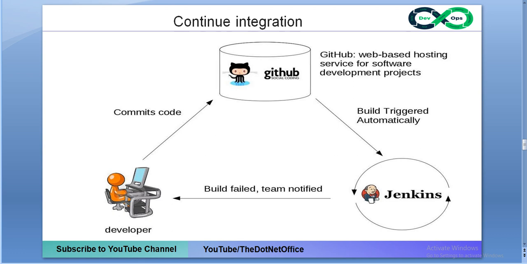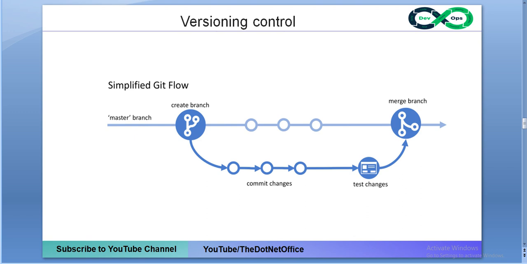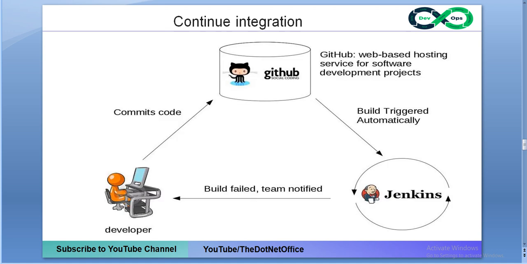It is a practice where developers commit code into one shared repository. What we have discussed here is that this is the shared repository, the master branch, and many developers create their own branches, commit, and merge. So continuous integration means developers commit the code into one shared repository, and every commit is built to detect errors or problems in the code.